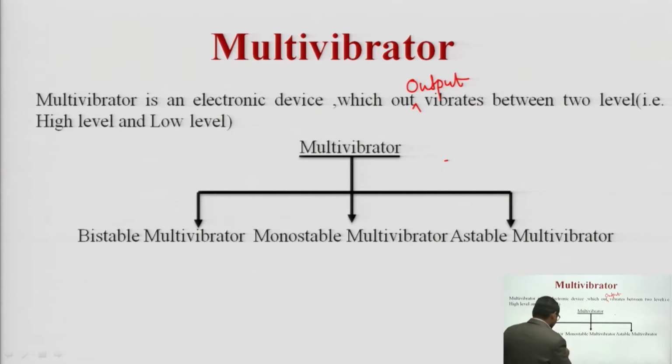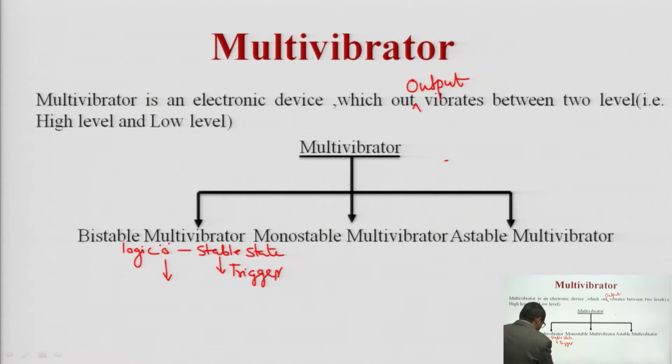In a bistable multivibrator, let us suppose logic 0 is a stable state. Now give some trigger or input, it jumps to logic 1, which is also a stable state.